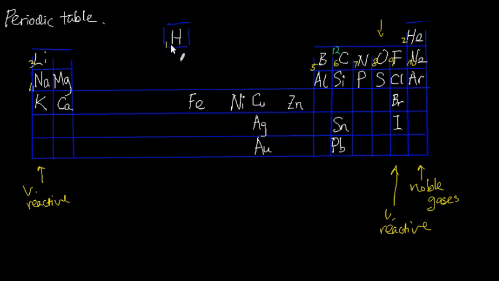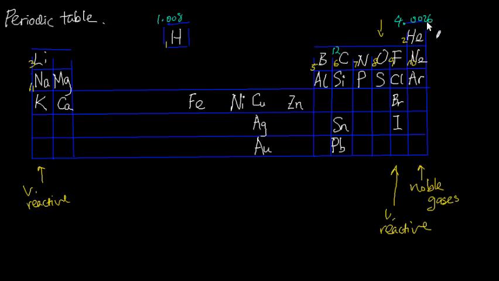Now it depends on what periodic table you look at. If you look at a more accurate one, or one that gives you more accurate values, you may find that the mass number or relative mass given for hydrogen is 1.008. Okay, and for helium is 4.0026.